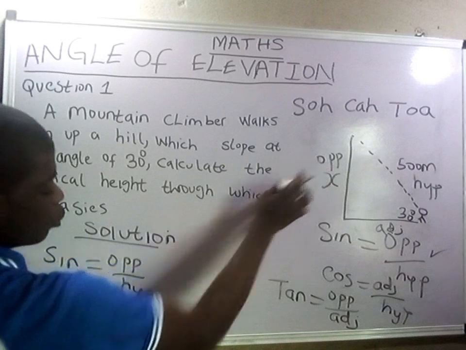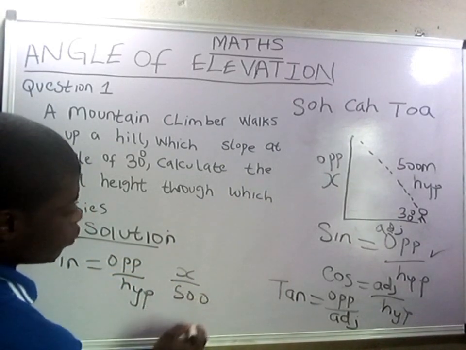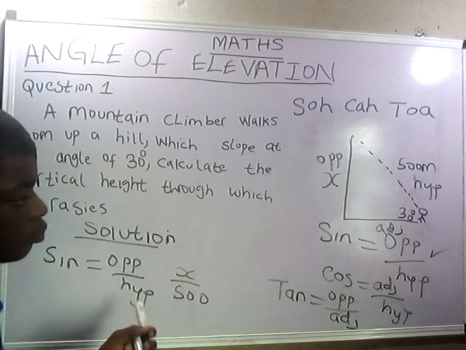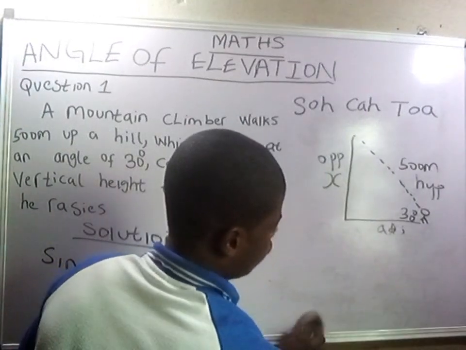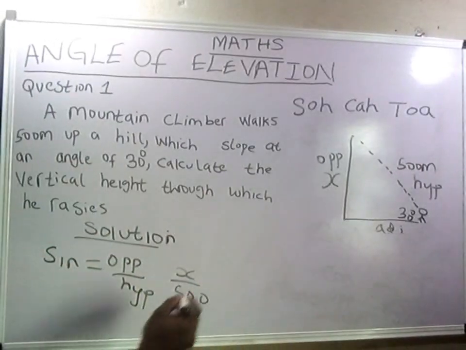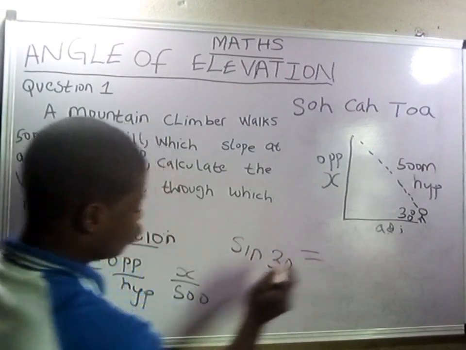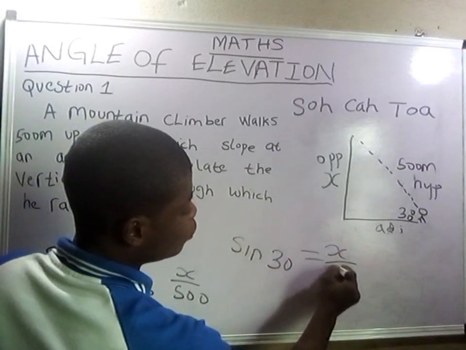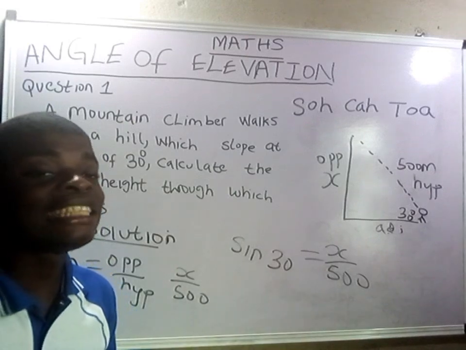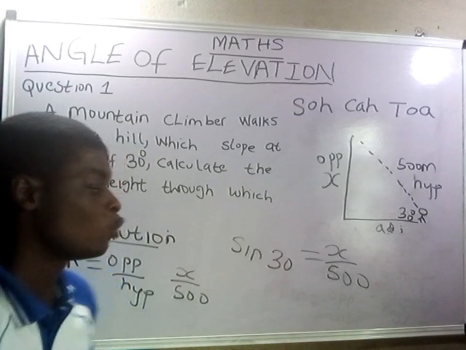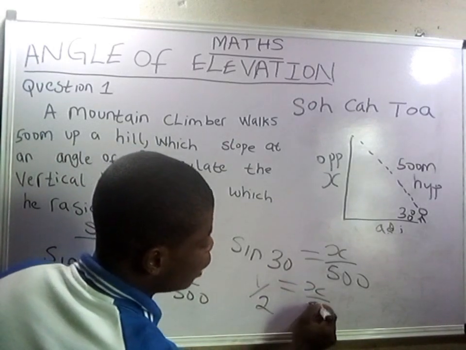Your opposite is x, unknown, over your hypotenuse, 500. So sine 30 equals x over 500, and sine 30 is a special angle. Sine 30 is 1 over 2 or 0.5. So consider that 1 over 2 equals x over 500.